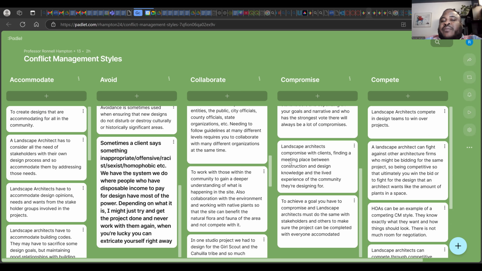So being mindful of those HOA constraints is really important, and it can be a very competitive situation when you're trying to push for creativity. But knowing the HOA regulations, you can use that constraint against it and make it a competition sometimes, right? So no, that's a good one, Maya.